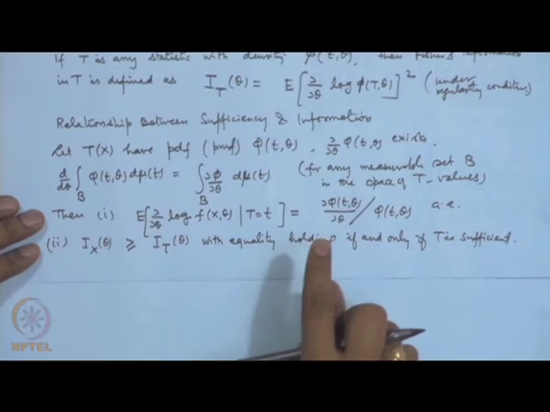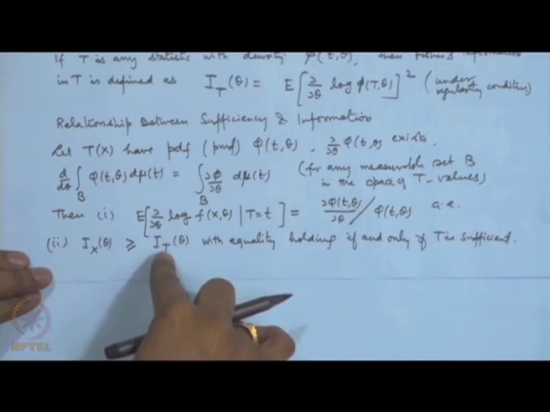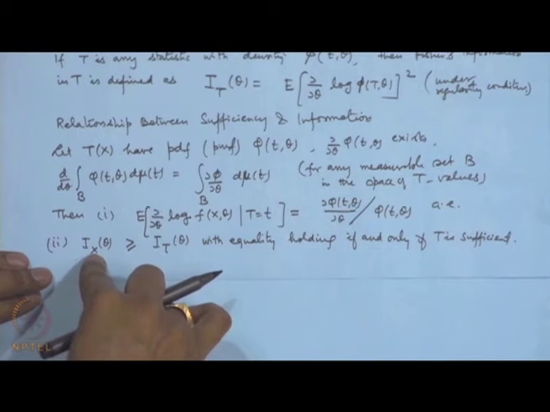So, this is what I was mentioning about the utilization of the information, or the content of the information, in the concept of sufficiency: a sufficient statistic contains all the information which is available in the sample, because I_T(theta) will become equal to I_X(theta).